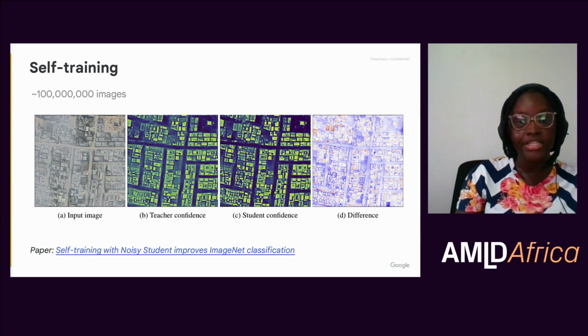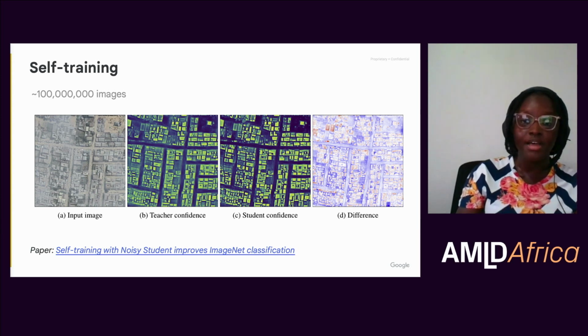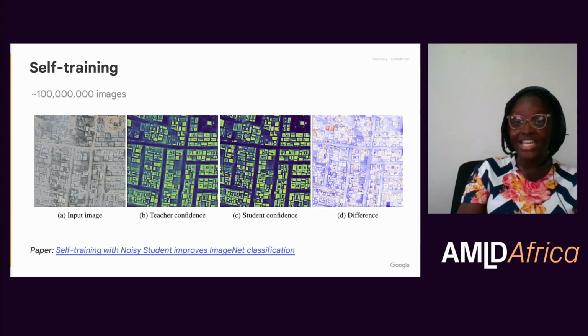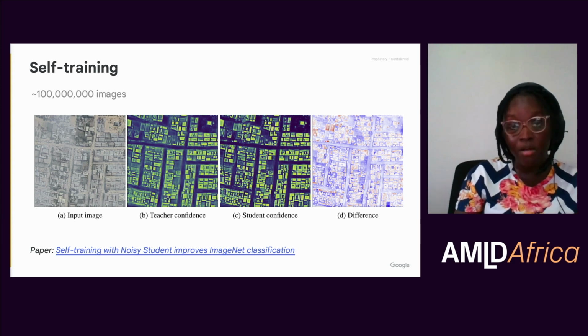And we see in the image here that the student model is more confident over time that a building that it has detected is indeed a building. And this was helpful for our task.